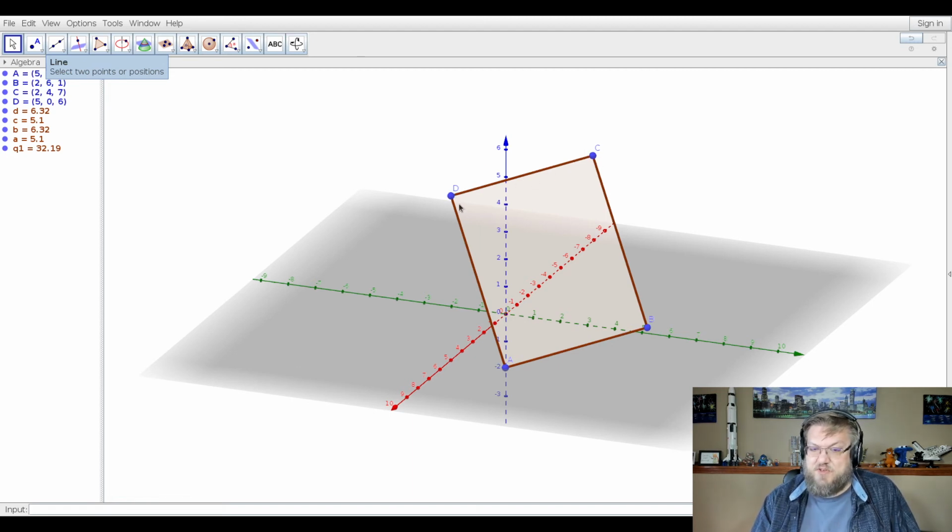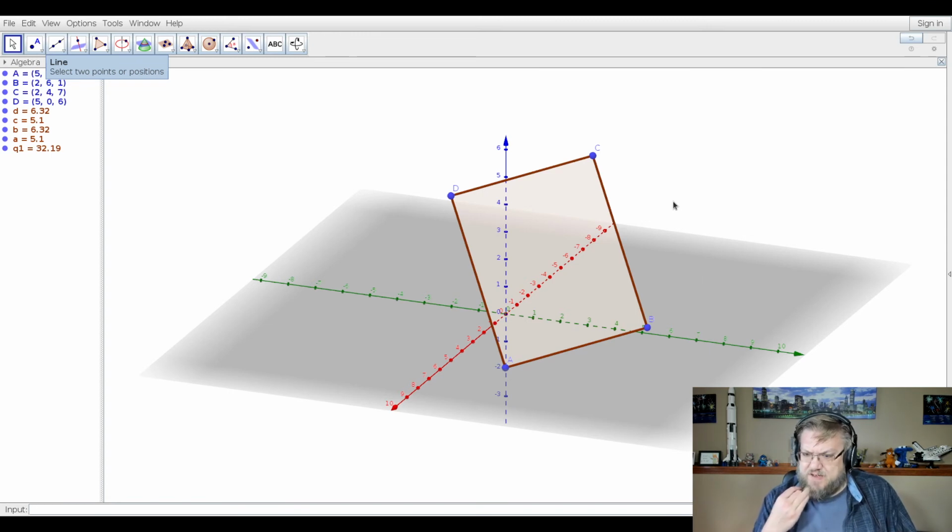And see if those are multiples of one another. If they're a multiple of each other, then that means that this is parallel to that. Then I could take vector AD, and take vector BC right here and show that they're parallel by showing that they are multiples of one another as well, right? So let's go ahead and do that.